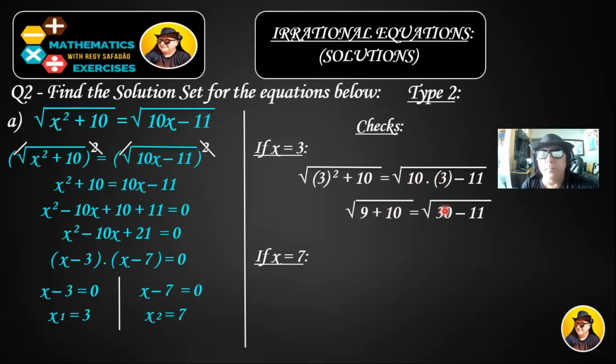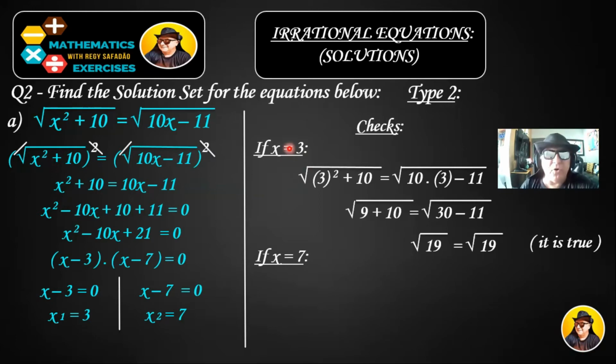And now, 9 plus 10 is 19, and 30 minus 11 is also 19. So we have that the square root of 19 is equal to the square root of 19. So it is true. Well, so we have that number 3 satisfies our equation.